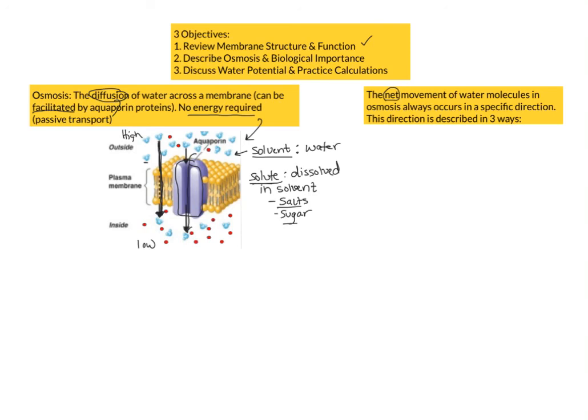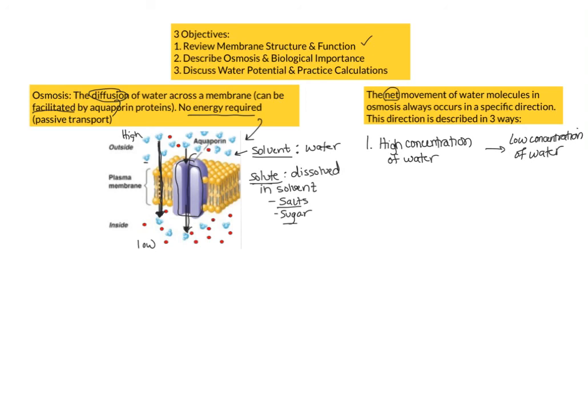So the first way, the most obvious way, is that because osmosis is diffusion, osmosis occurs from a high concentration of water to an area where there is a low concentration of water.